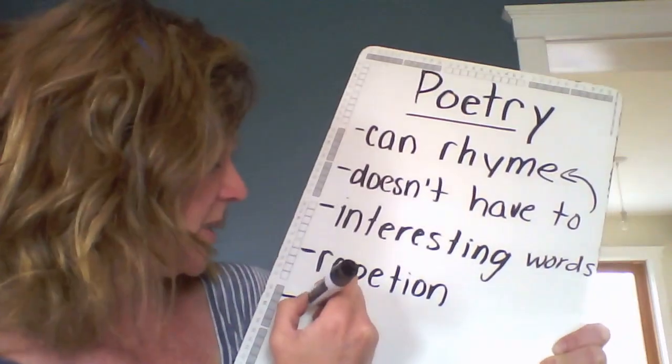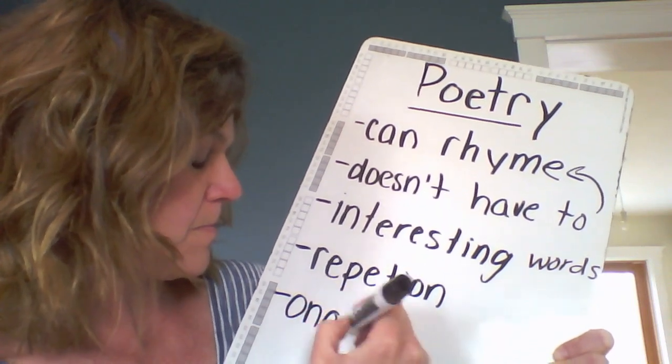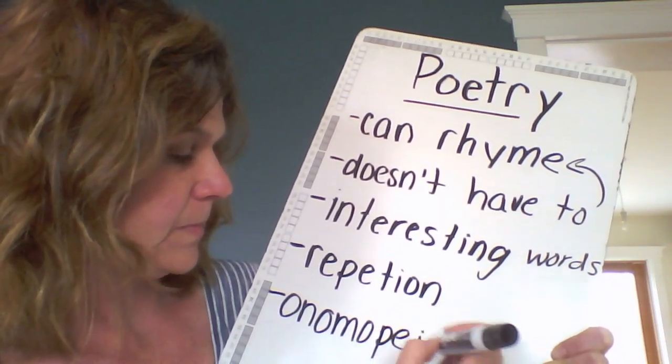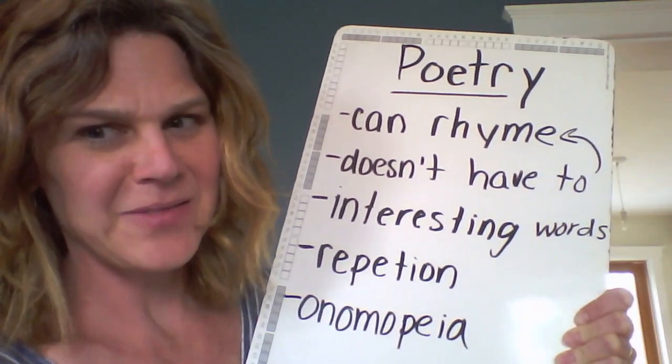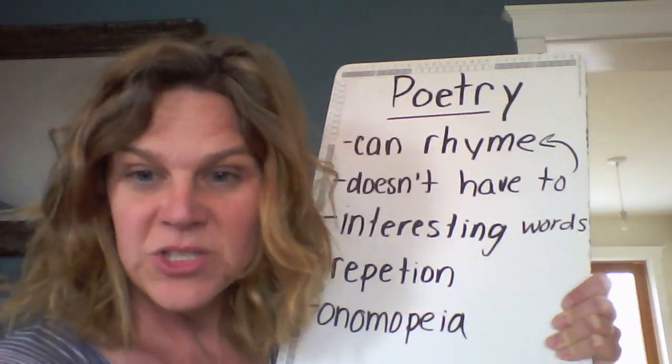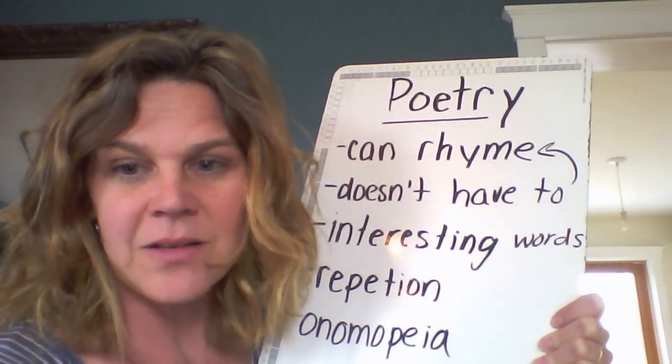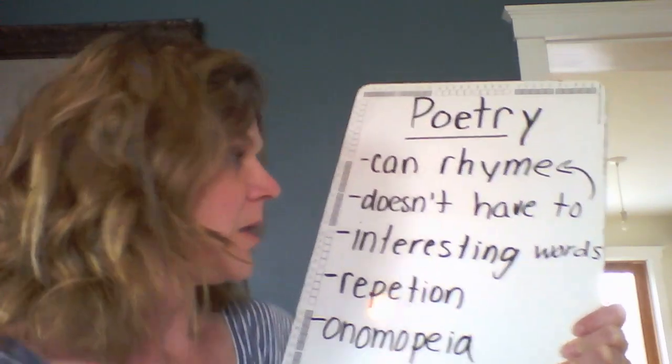Do we think I can spell that? I'm going to have to double check on that one. Right, which is when the word is sort of a sound like vroom. Let's take a look at some poems today and see what we notice.